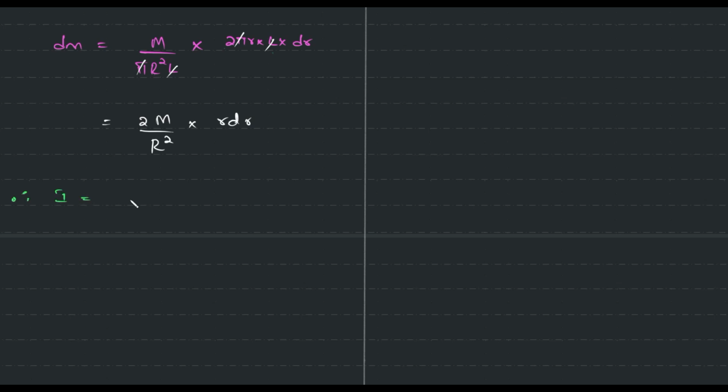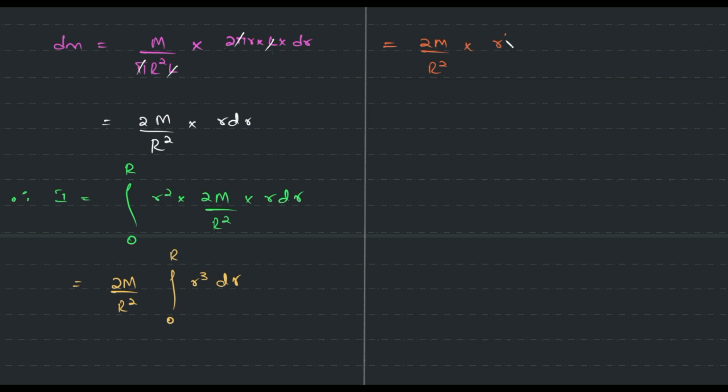Therefore, I will be equal to the integration of r square times 2m by R square times r dr, integrating from 0 to R. So we have 2m by R square, integration from 0 to R of r cubed dr, which is 2m by R square times r to the power 4 by 4, from 0 to R. This gives one half m R square, and that would be your answer.